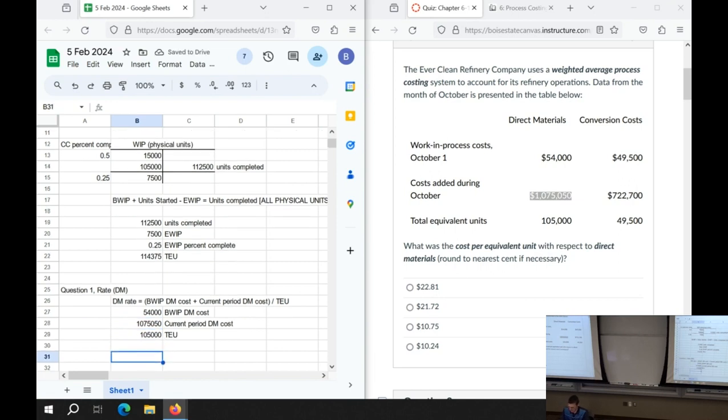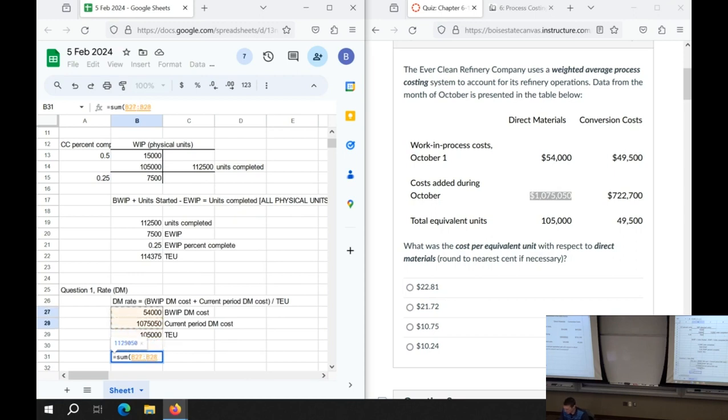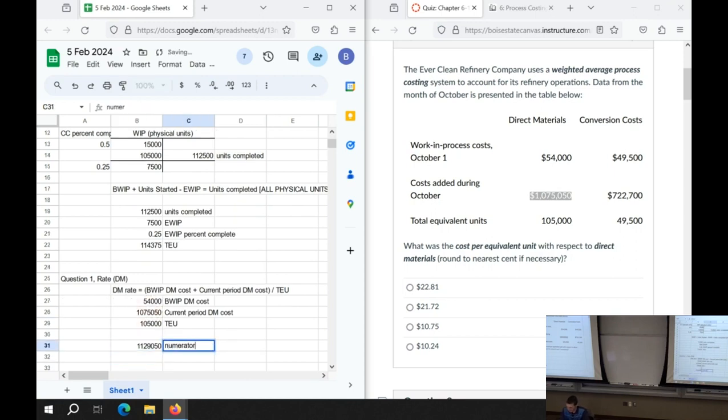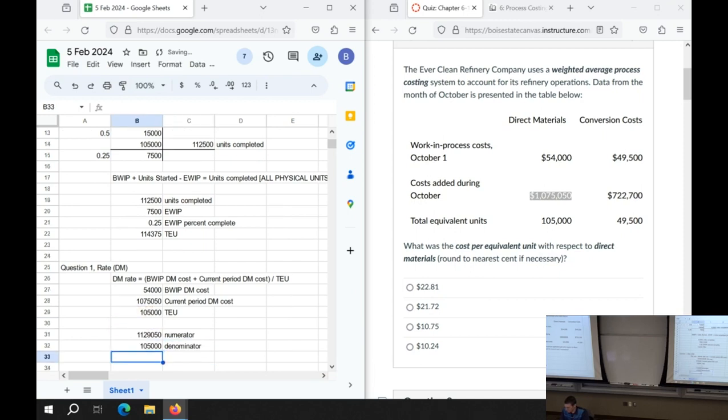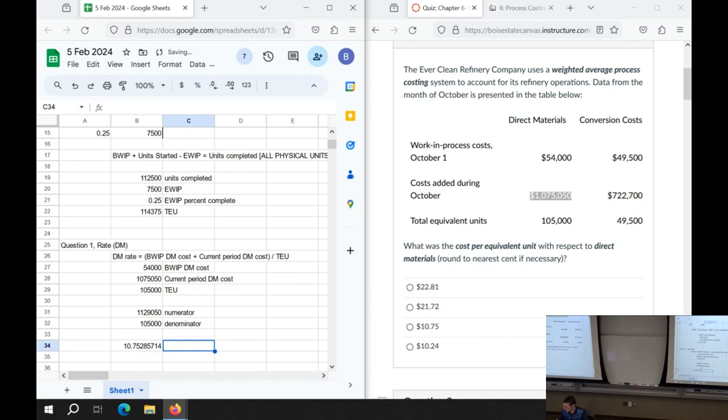So we can sum those two, and that's our numerator. We already know TEU is going to be our denominator, so our rate should be that division. Great, we got an answer. Is that okay? Breaking it down into little chunks.